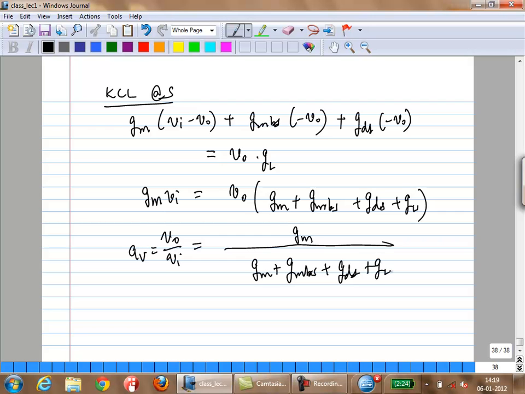So this is the expression for the gain of the common drain. Okay, so it's GM over GM plus GMBS plus GDS plus GL.